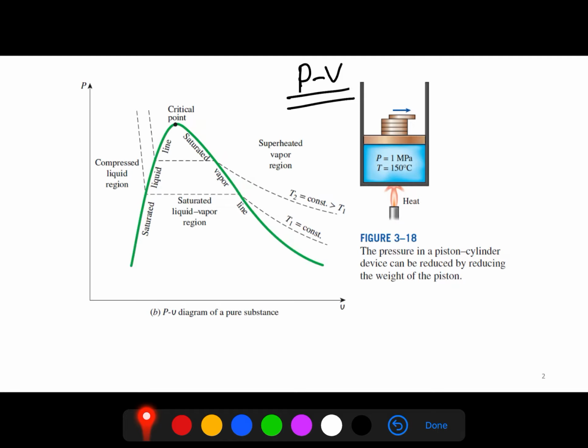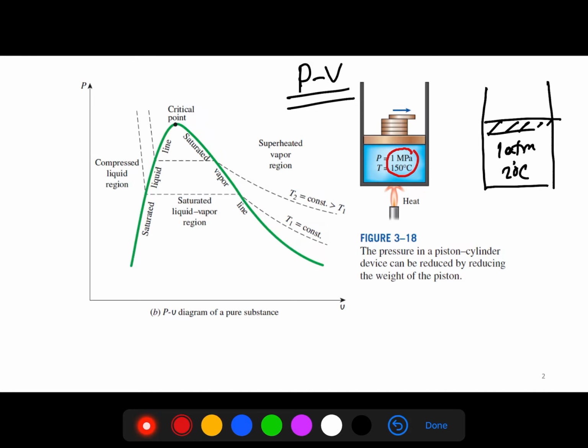If you remember, when we discussed another problem for this similar device, we had 1 atmosphere pressure and initially 20 degrees centigrade temperature. Here it is 150 degrees centigrade temperature and 1 MPa pressure.